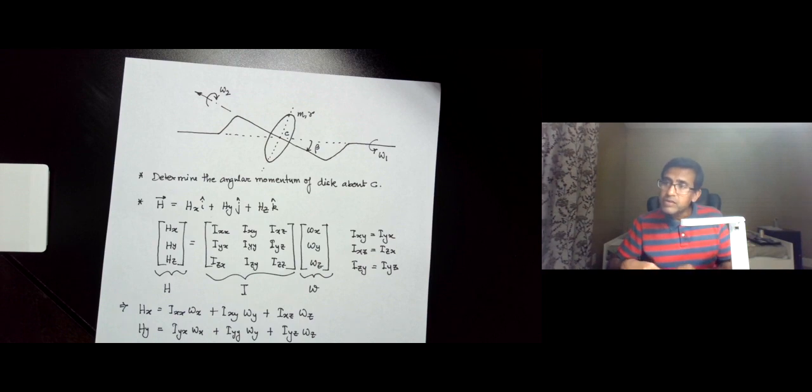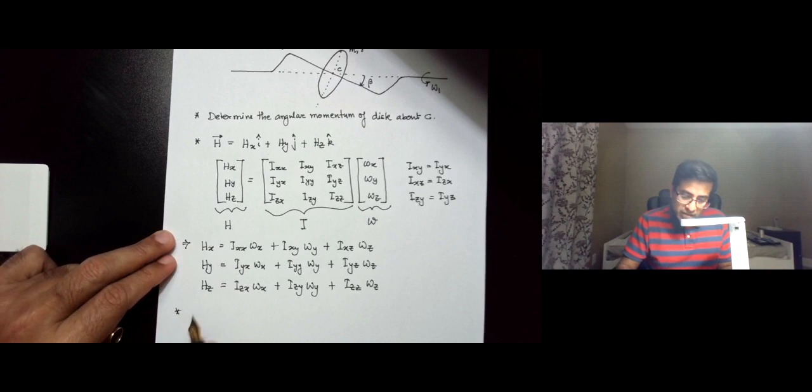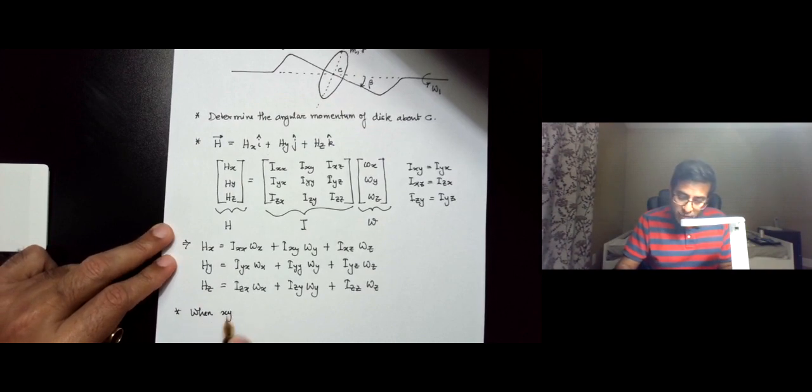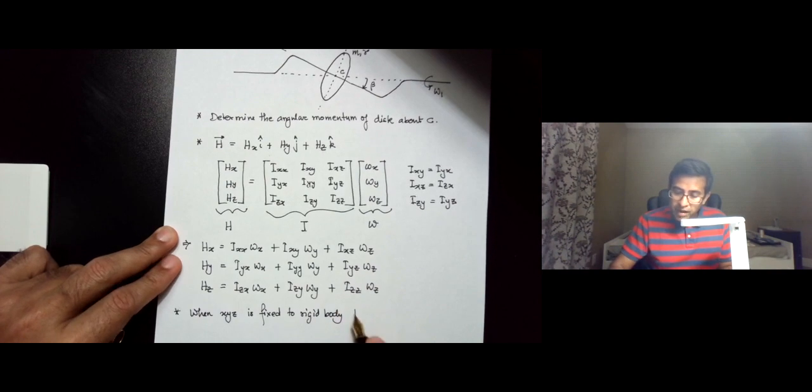Okay, so we make two points over here. When XYZ is fixed to the rigid body, I is a constant matrix.